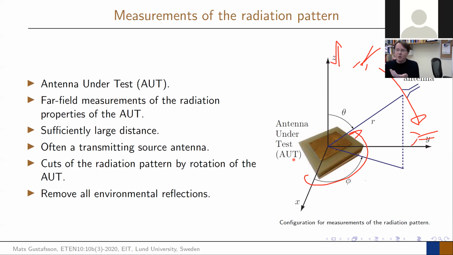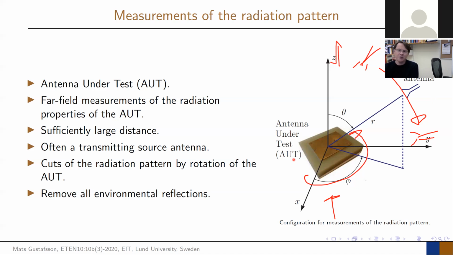All the time you rotate your antenna under test one turn, so 360 degrees. By changing theta from 0 down to, for example, 180 degrees, you will get the complete 3D pattern of your antenna. That means that from one theta to the next you need to rotate 360 degrees, move to the next theta, rotate, and so on.